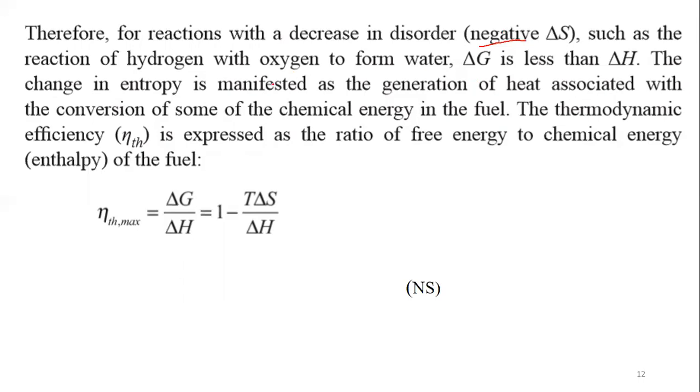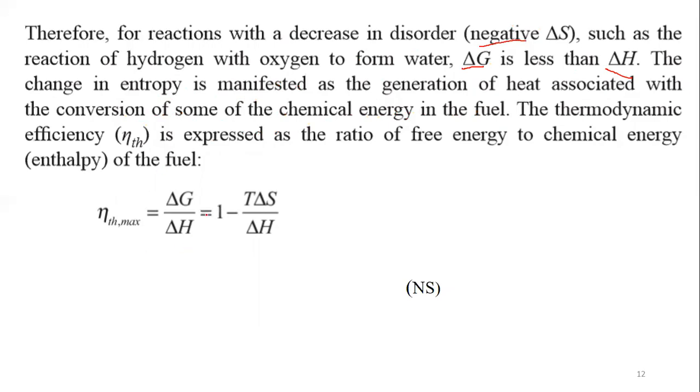Okay, here they have again given the example of the reaction of hydrogen with oxygen to form water, where delta G is less than delta H. Now the change in entropy is manifested as a generation of heat associated with the conversion of some chemical energy in the fuel.